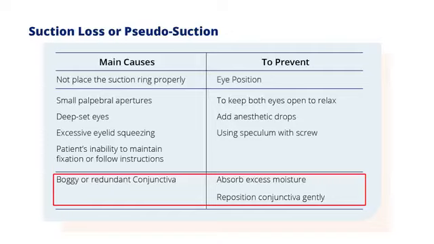To prevent this problem, release suction and absorb excessive moisture with a dry sponge. After repositioning the loose conjunctiva to the peripheral area with a dry sponge, you can place the suction ring in the center again without engaging the loose conjunctiva inside the ring, avoiding pseudosuction.